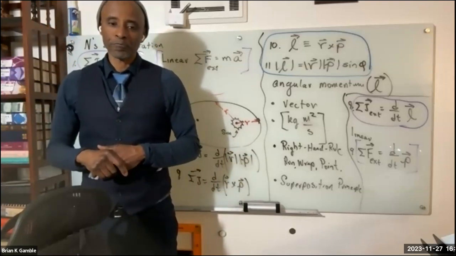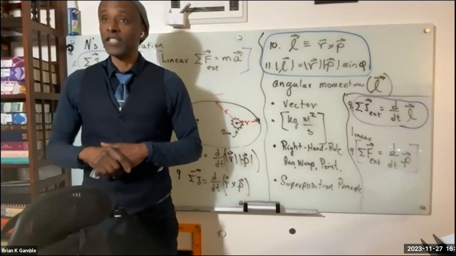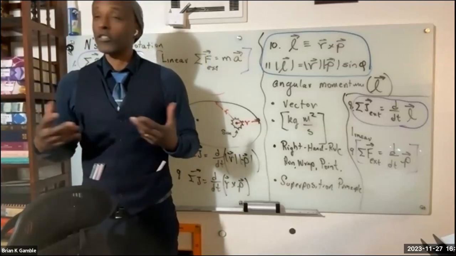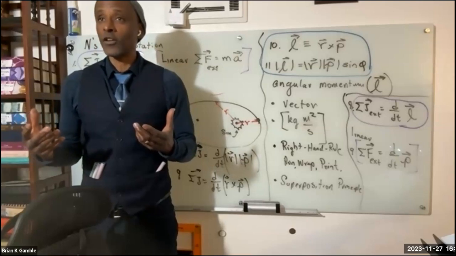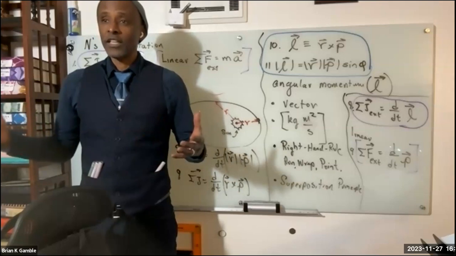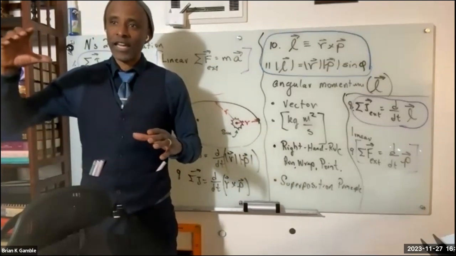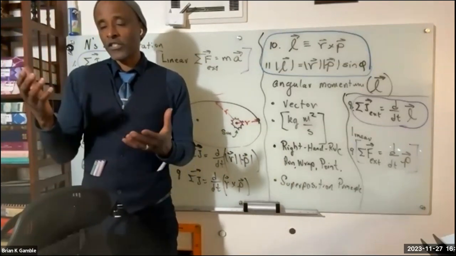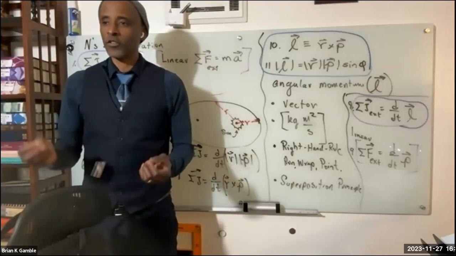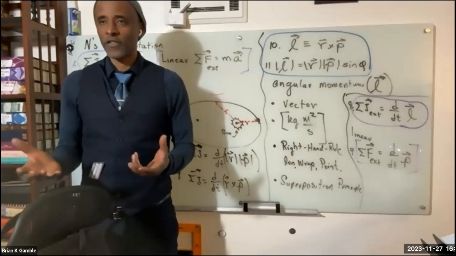But even in that case, even though the rocket is going up, the net external force on the system is still zero because there's no external force. There's nothing external to the ship. If the system is the gas and the ship, then there's nothing external to that that's causing this phenomenon to occur.